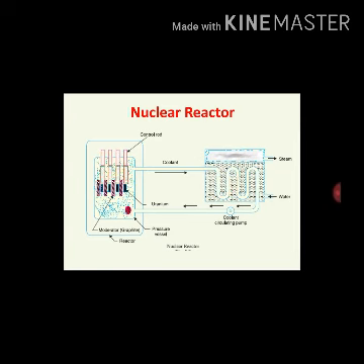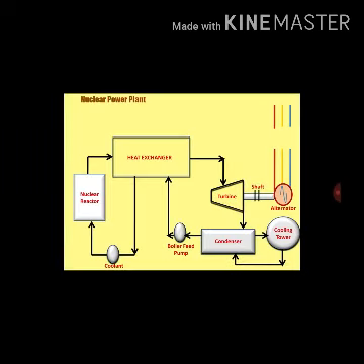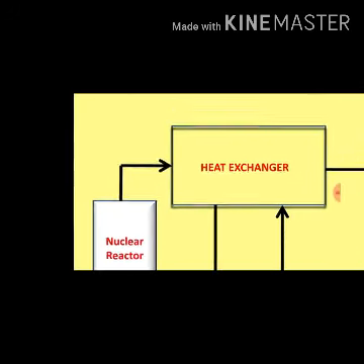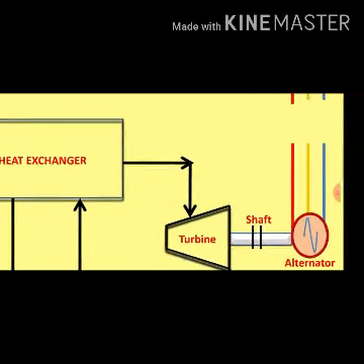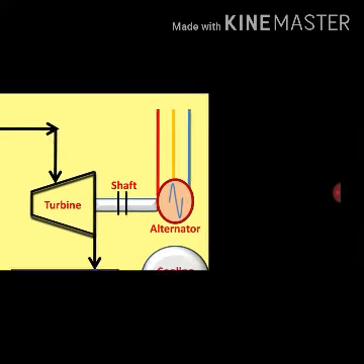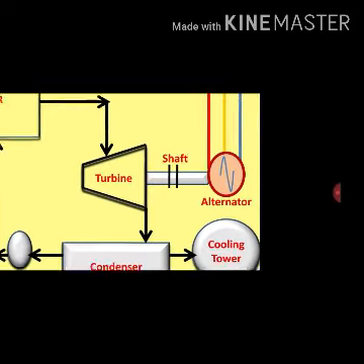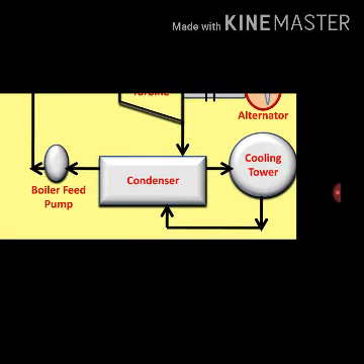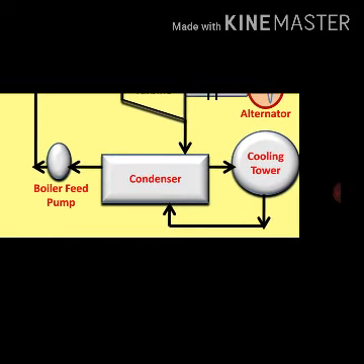Now let's see the block diagram of nuclear power plant. Nuclear reactor is there. After nuclear reactor there is heat exchanger. From heat exchanger there is steam turbine. Steam turbine is coupled with alternator, so there is a shaft.